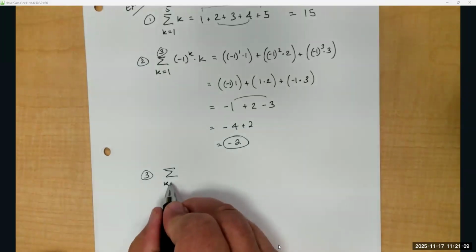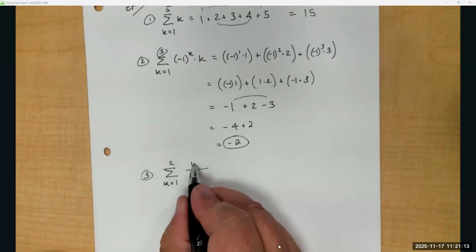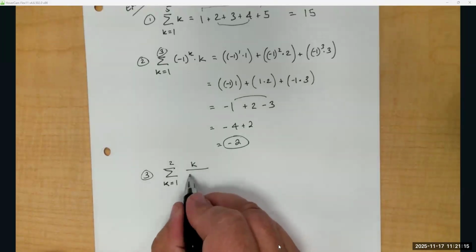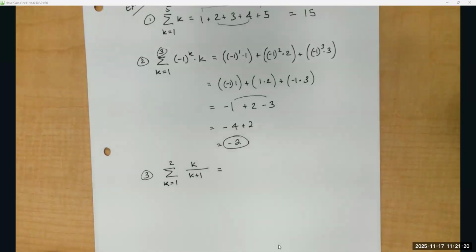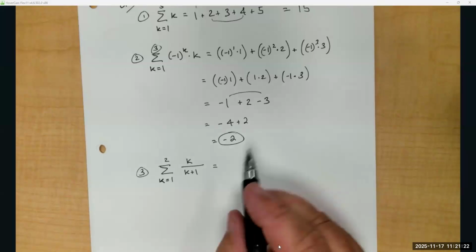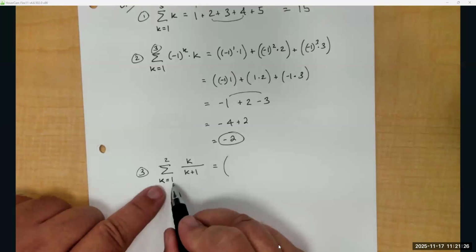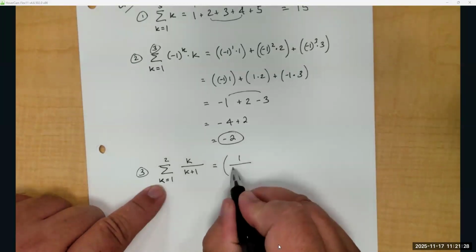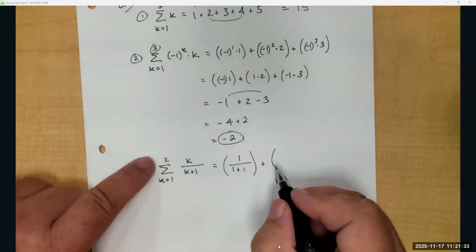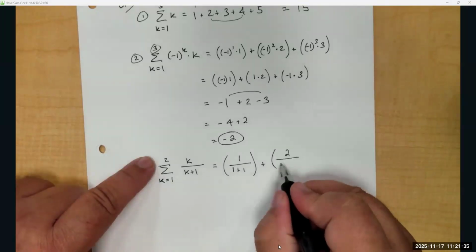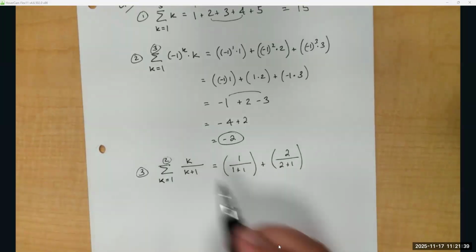Summation of k equals 1 to 2, k divided by k plus 1. So in the first iteration, start off with k equals 1. Anywhere I see a k, I put a 1. Plus the next iteration, k equals 2. And that's where I stop because k is equal to 2.